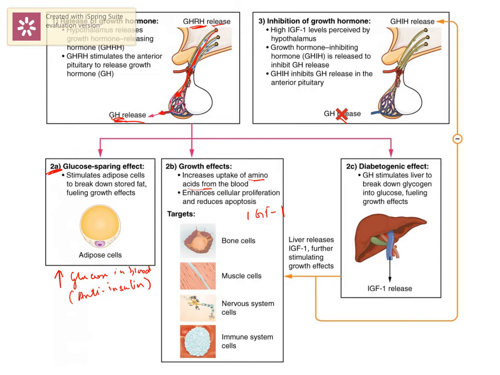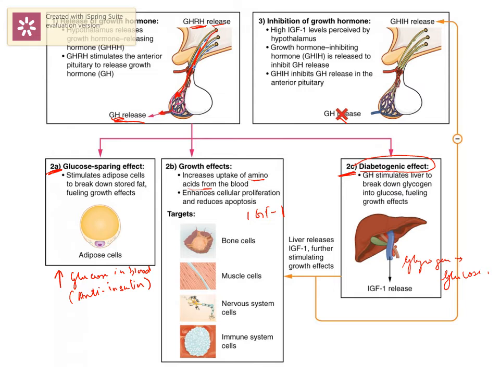All right, so because it prevents uptake of glucose by the cells, we end up having excessive glucose if you have very high levels of growth hormone. This is called a diabetogenic effect. Okay, and the diabetogenic effect is also a result of conversion of glycogen to glucose from the liver.